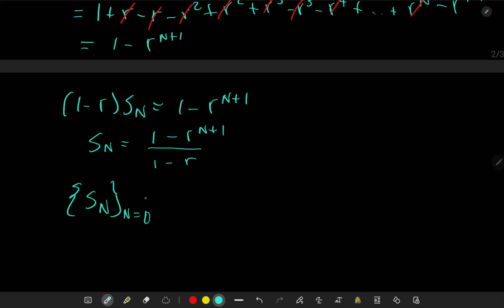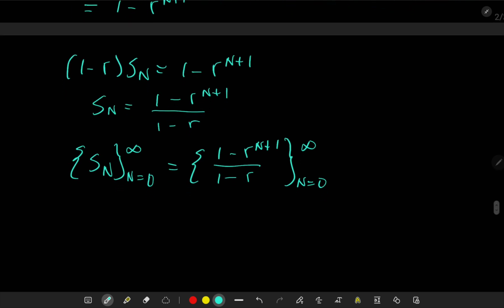In fact, you can start this one at 0 because i starts at 0, and it's going to be just the sequence of 1 minus r to the n plus 1 over 1 minus r, where n starts at 0 and goes to infinity. Now, this is an interesting one because you're going to have to do the limit now.